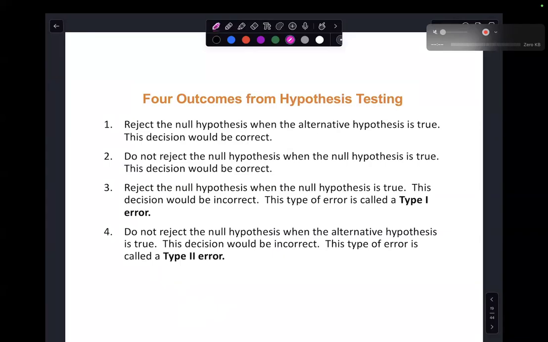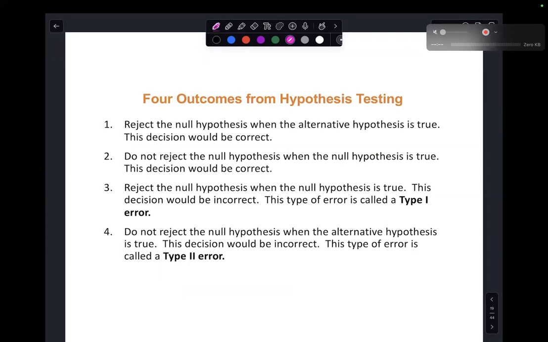So number three, this is a bad one. Reject the null hypothesis, but the null hypothesis is true. This is not good. This is type 1 error. So if you reject the null hypothesis, but you were not able to show evidence to support your alternative hypothesis, then this is a type 1 error.